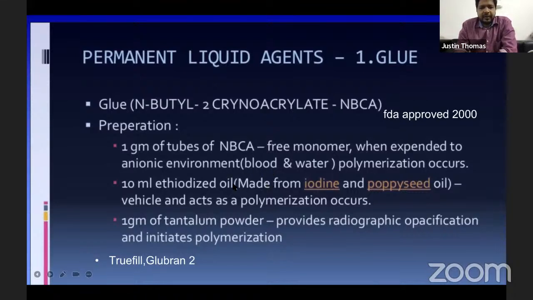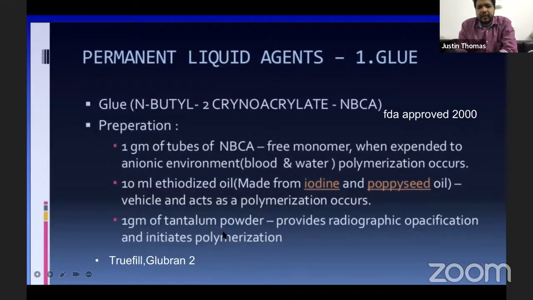For carrying this NBCA, Ethiodol is used, which is a mixture of iodine and poppy seed oil. It acts as a vehicle for this NBCA and also arrests polymerization. To prevent early polymerization, this Ethiodol is used. So depending on the various requirements, the mixture of the NBCA and Ethiodol is changed.